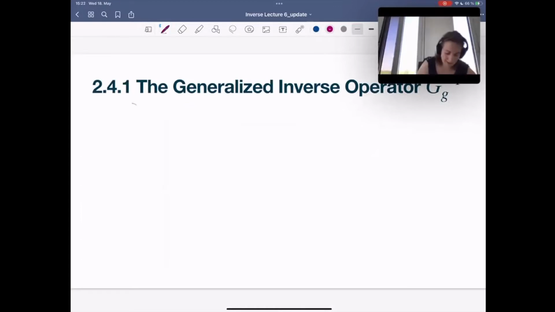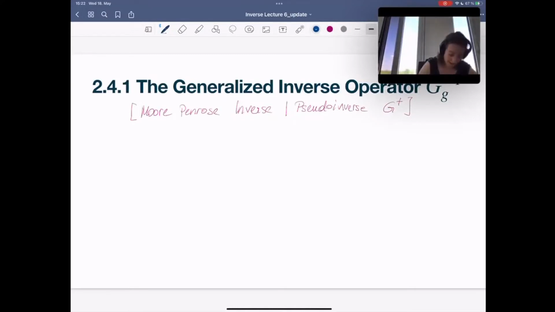And with similar notation, the Moore-Penrose inverse, or pseudo-inverse, is given by G and this dagger symbol. Okay, let's start.